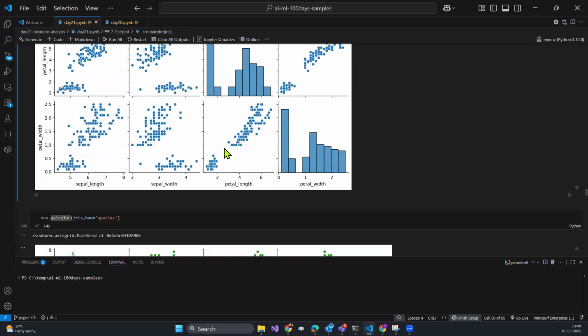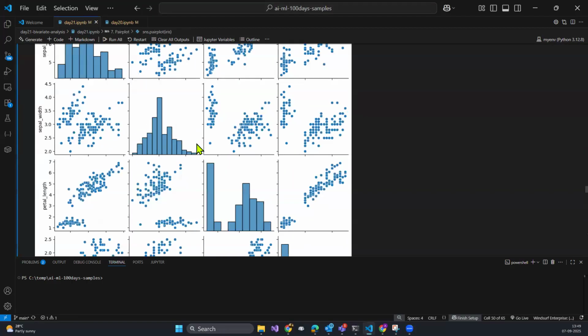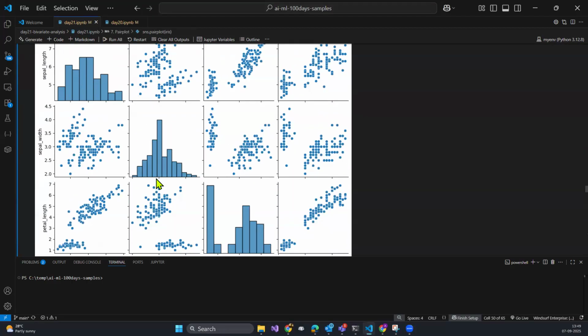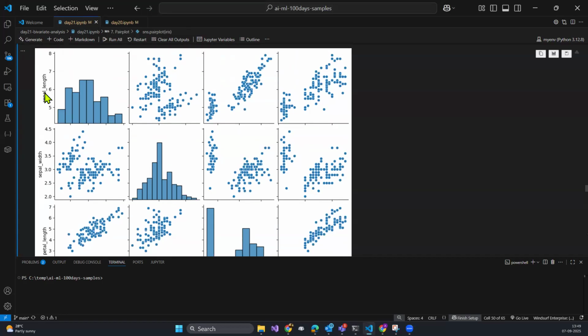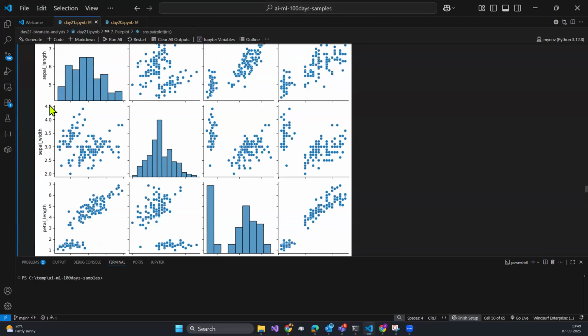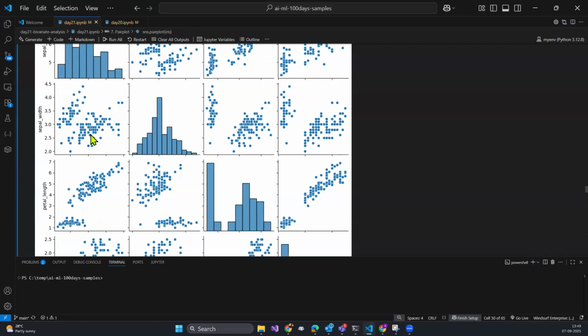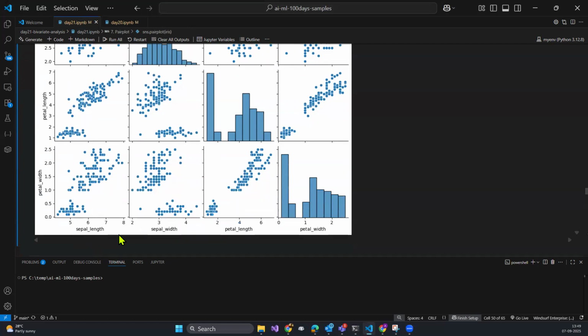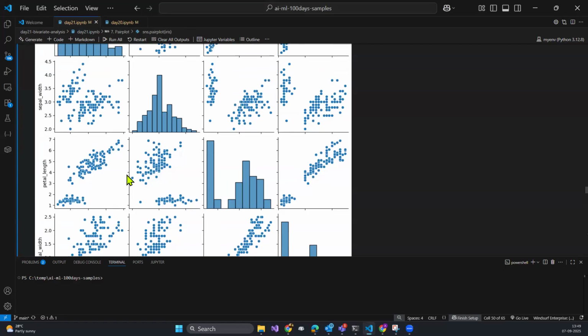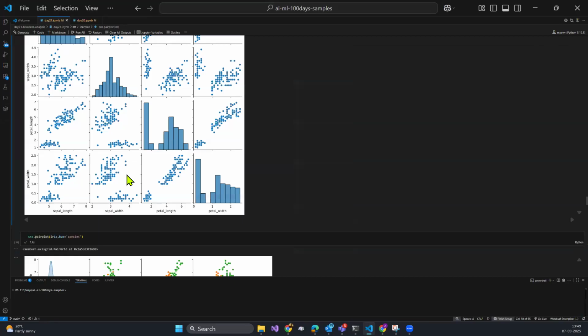So we call pair plot on iris, and it draws the visualization of each column against each column. On the diagonal you see a histogram, which corresponds to each column against itself. For example, petal length against petal length draws the histogram. The other plots are minimized so that we can see it in one go.